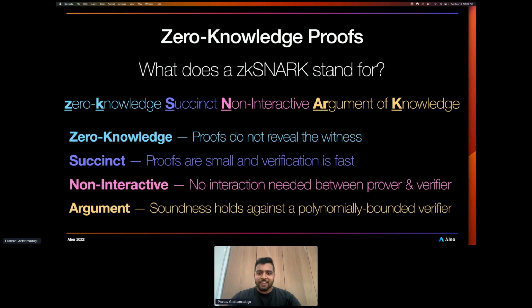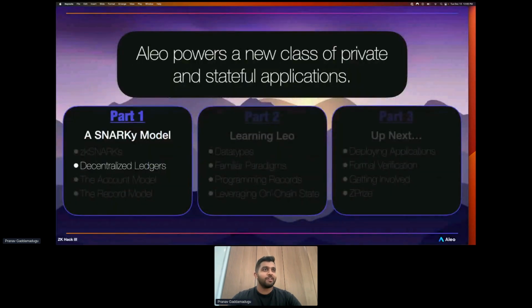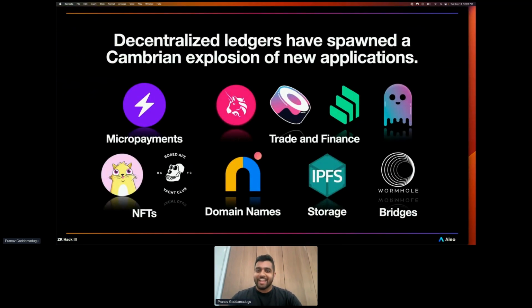So now that we have a high-level idea of zero-knowledge proofs, ZK snarks, let's switch gears a bit and talk about decentralized ledgers, at least abstractly, so that we can frame the problem that Aleo tackles today. So again, I think it goes without saying, decentralized ledgers are desirable.